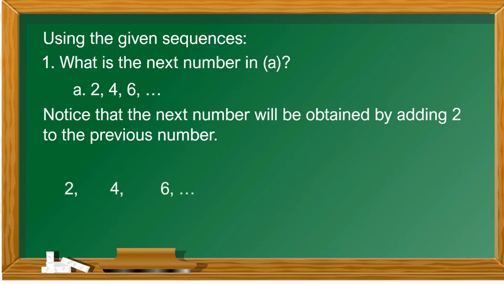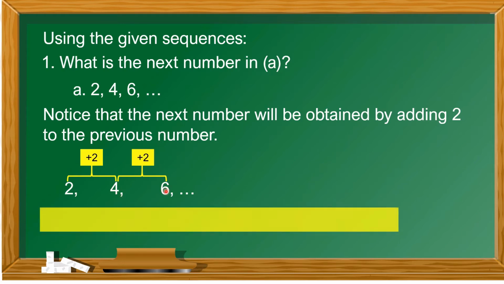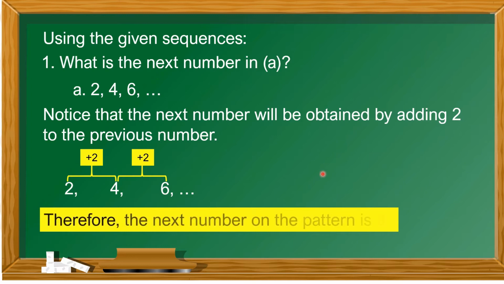So 2 is added by 2 to get 4, and 4 is added another 2 to get 6. Therefore, if we add 2 to 6, the answer is 8.